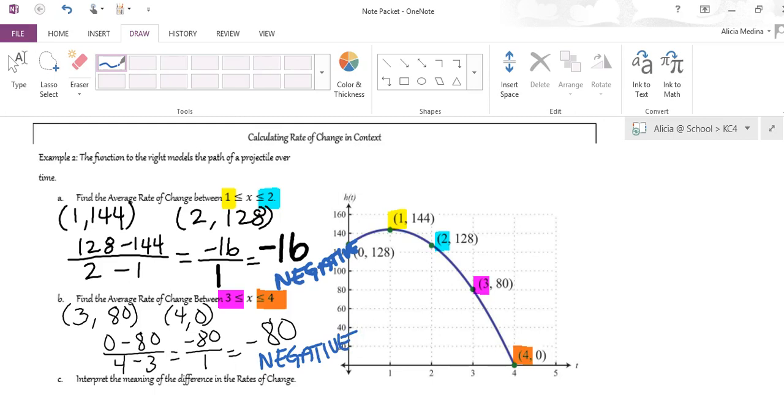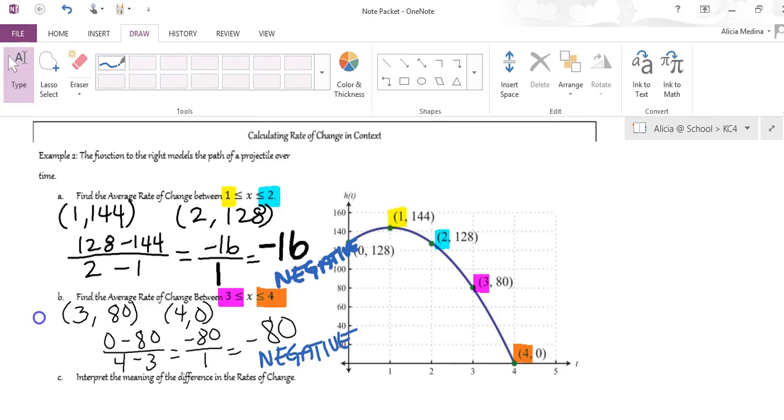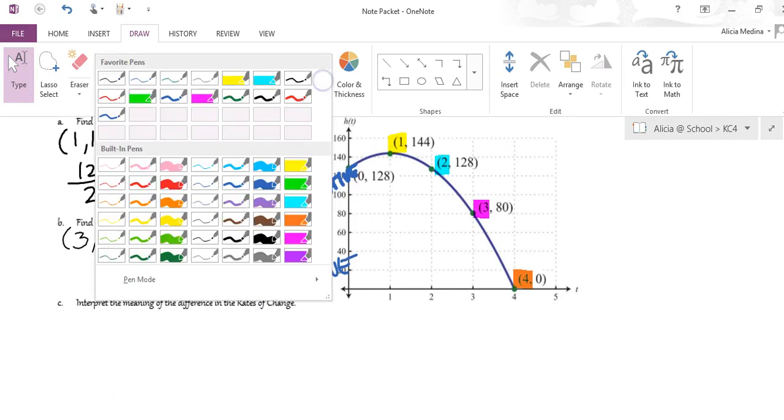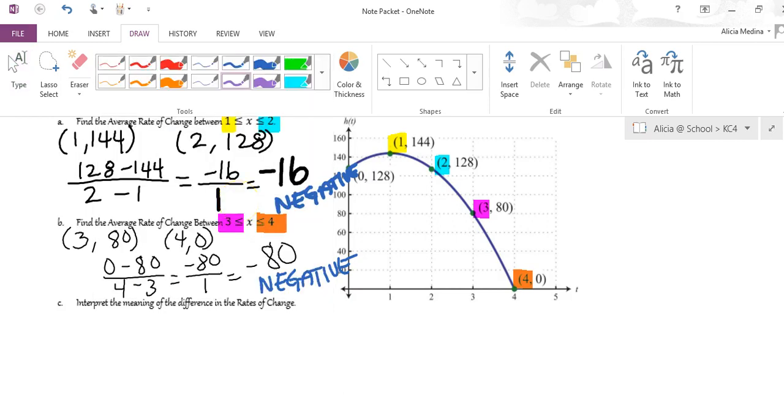So part C says, interpret the meaning of the difference in the rates of change. What I'm asking you is, negative 16 and negative 80, what does this mean? Well, the object is going down, right? If it's negative, that means it's going down.